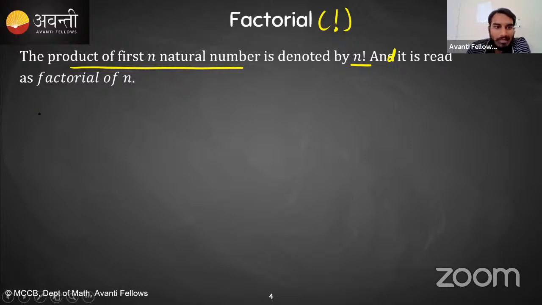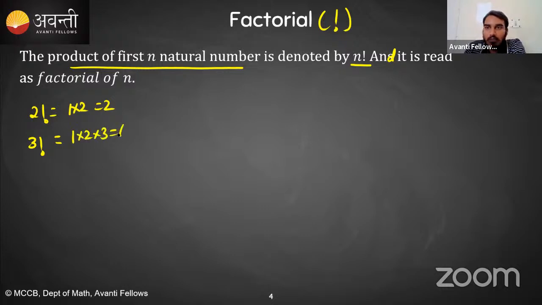If I say 2 factorial, it means the product of the first two natural numbers, that is 1 into 2. Similarly, 3 factorial is the product of the first three natural numbers. What are the first three natural numbers? 1, 2, 3. So the product of 1 2 3. Similarly, what is 4 factorial? 4 factorial is the product of the first four natural numbers, 1 2 3 4.